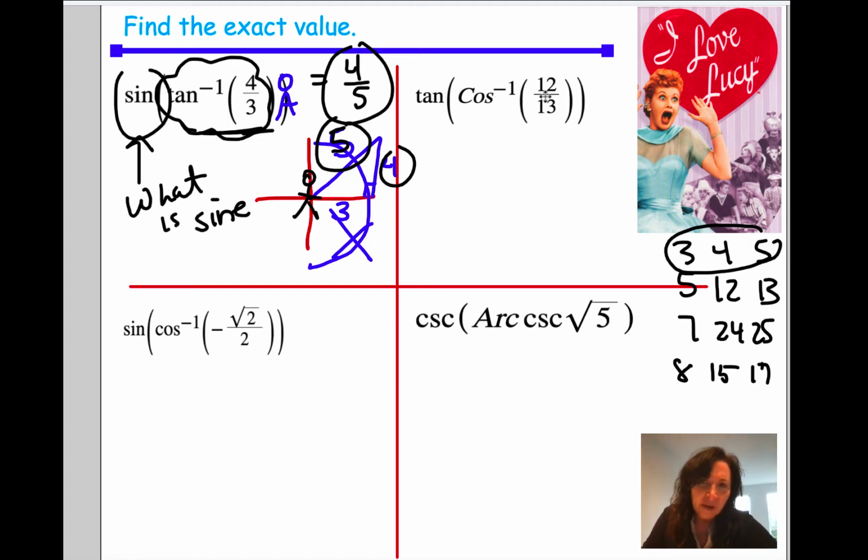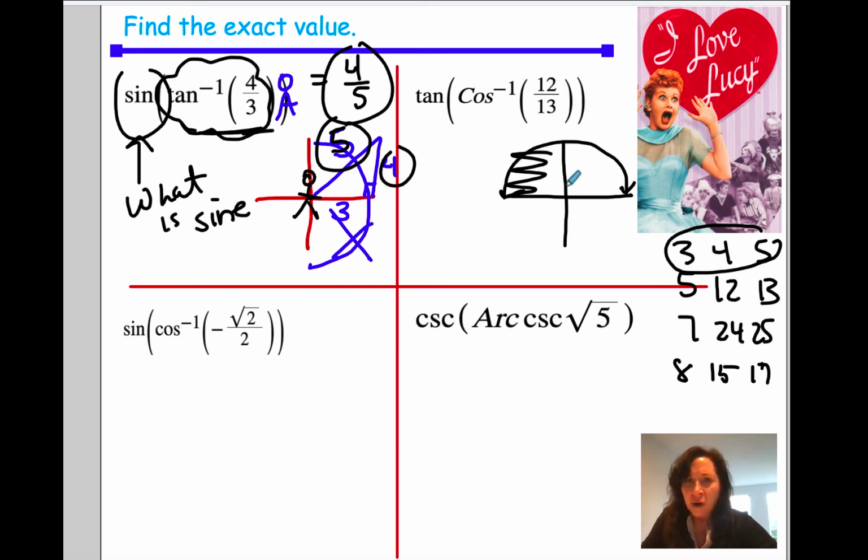Where is cosine 12 over 13? Now remember, cosine has its restricted domain here and here. And so this is positive, so we can eliminate the negative. So we know that we are in the first quadrant, and cosine is adjacent over hypotenuse. And this also looks like a 5, 12, 13 triangle.